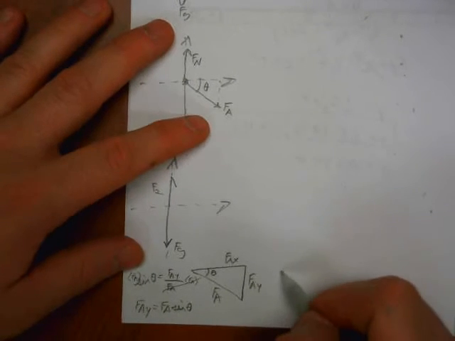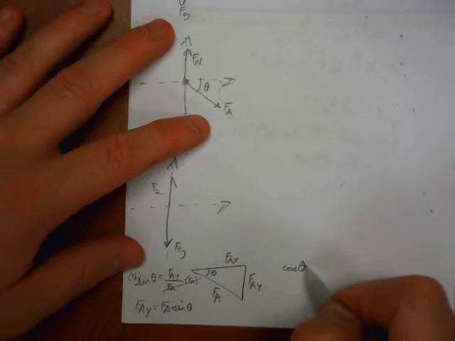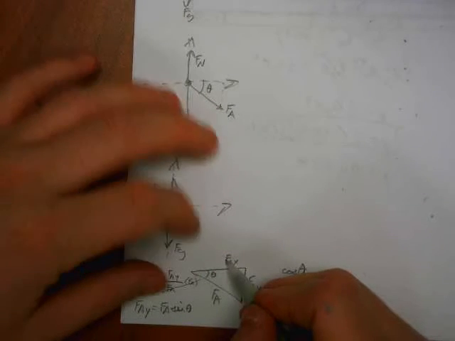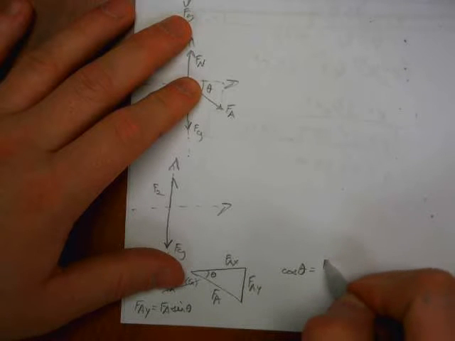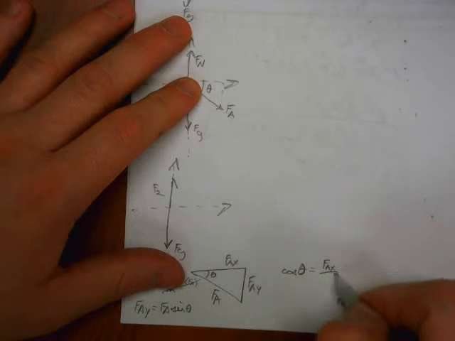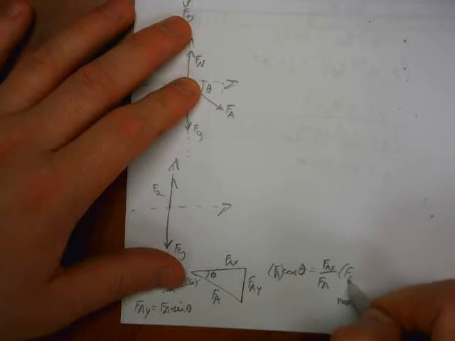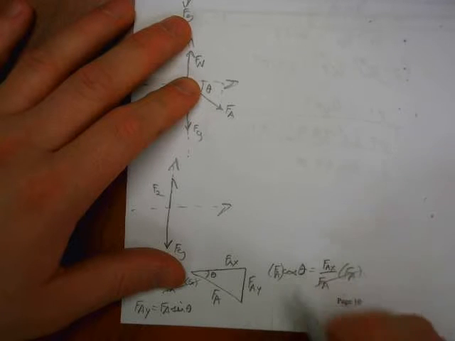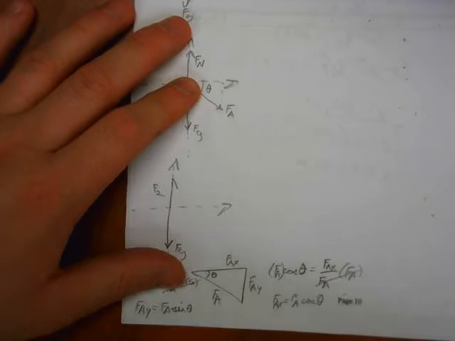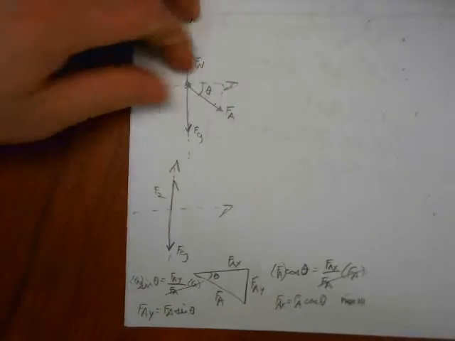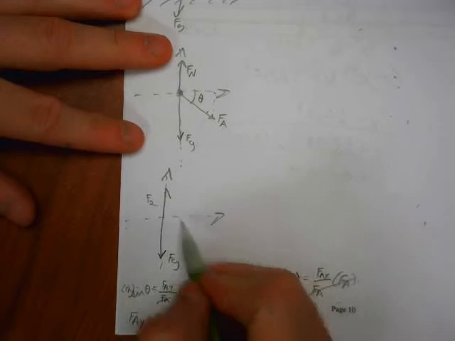And likewise, cosine of theta equals the adjacent leg of the right triangle, FAX, over the hypotenuse, FA. Multiply each side by FA, and FAX equals FA cosine of theta. So I can draw these forces up here.